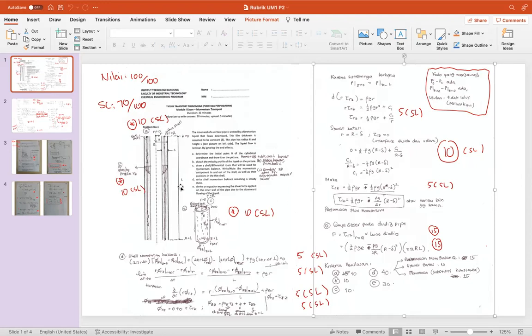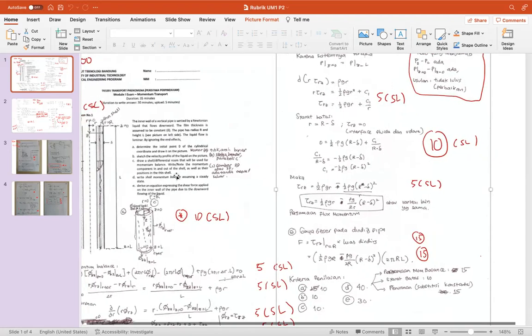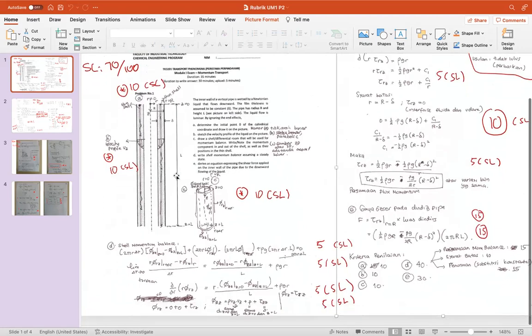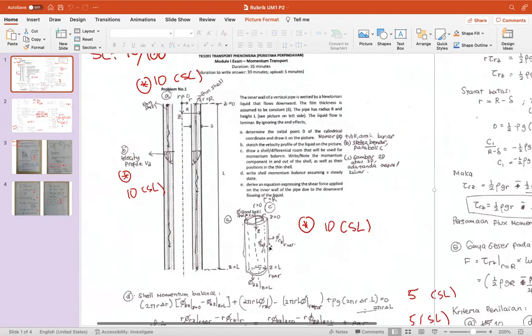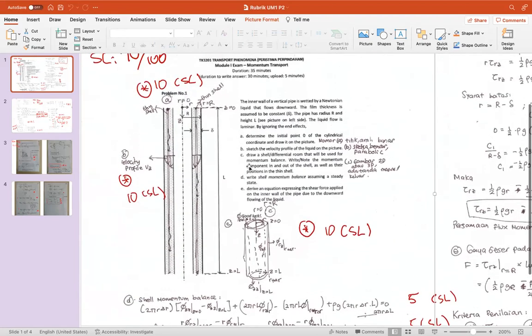Okay, so here, let me make it bigger. So part A: determine the initial point O of the cylindrical coordinate. This is for example the answer.